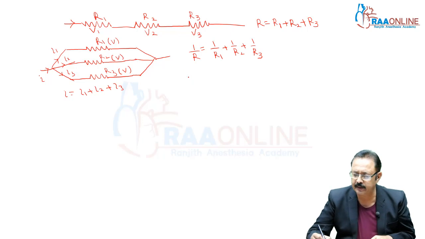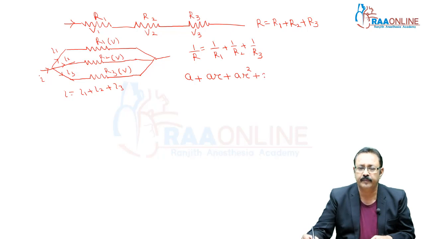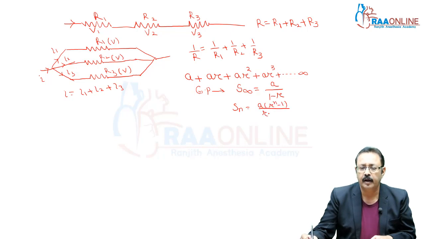But remember that this type of series is known as geometrical progression, in which the ratio of 2 consecutive terms is constant. If this ratio is less than 1, you can add this series up to infinity, and the sum of infinite terms you can calculate by the formula A upon 1 minus R, and for n terms it is A into R raised to the power n minus 1 upon R minus 1. A useful result.